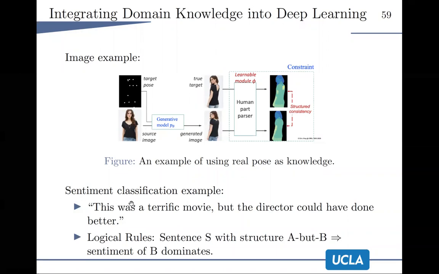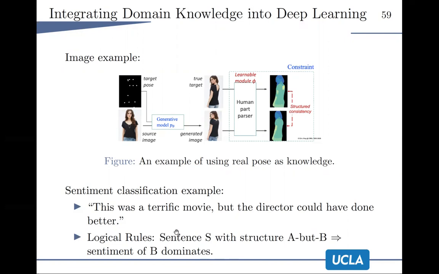Another example comes from NLP. If we want to do sentiment classification of a sentence like this, for example, "This was a terrific movie, but the director could have done better." If we are human beings, we understand this because we know the grammar rules.